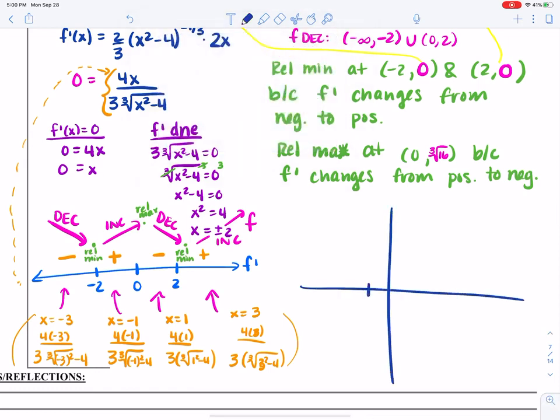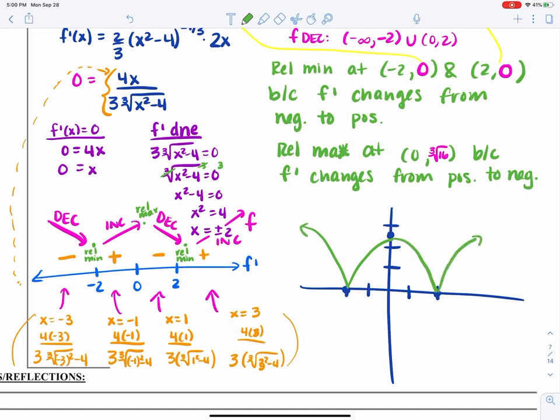I know that I have a point at -2, 0, another point at +2, 0, and then I have a point at 0 and the cube root of 16, which is a little bit less than 3. And I know that my graph is going to be decreasing, increasing, decreasing, and increasing again.